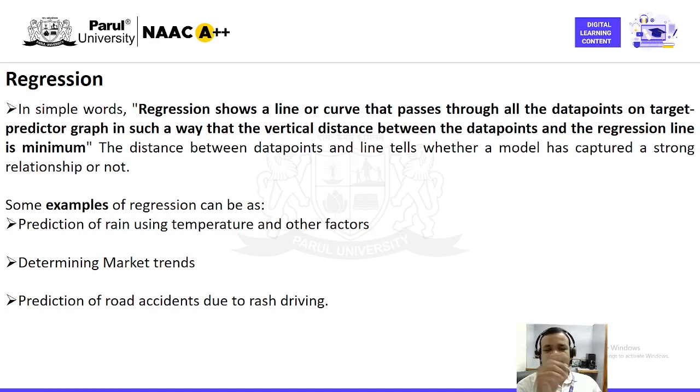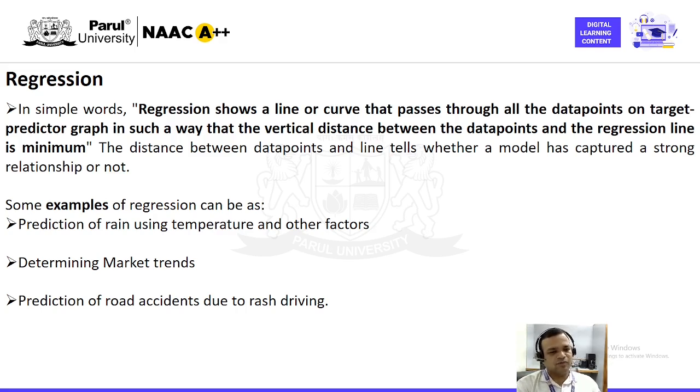For example, you want to develop a model for the Ahmedabad Mumbai highway, so you can predict the road accidents due to rash driving on that particular highway.